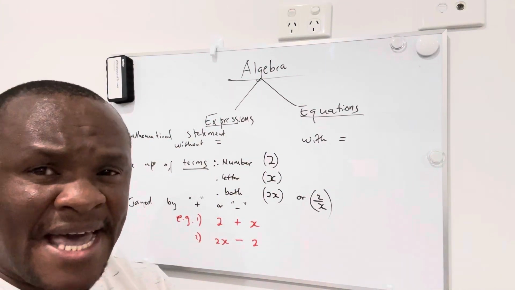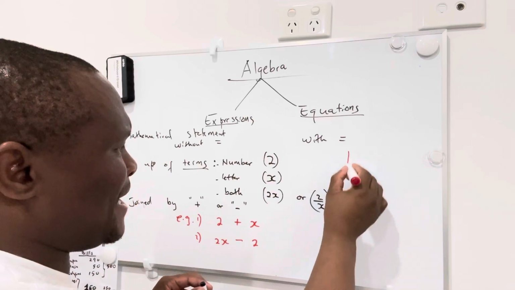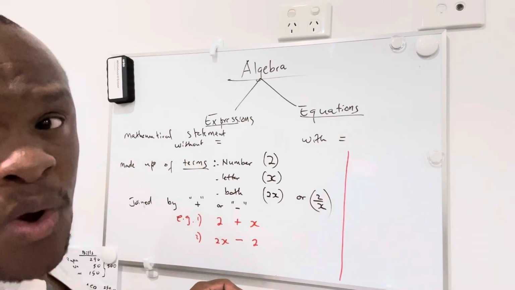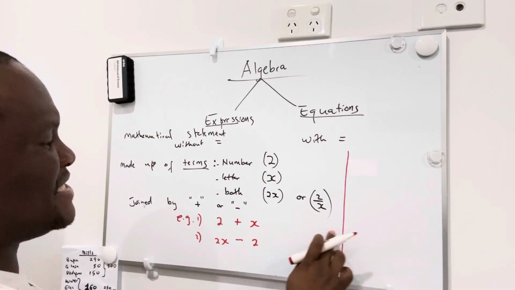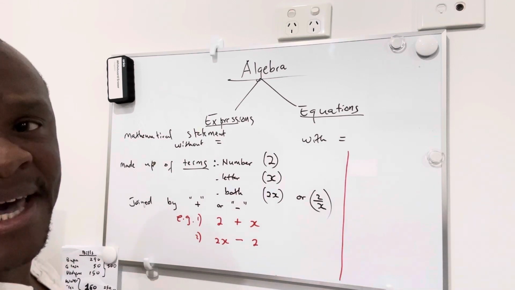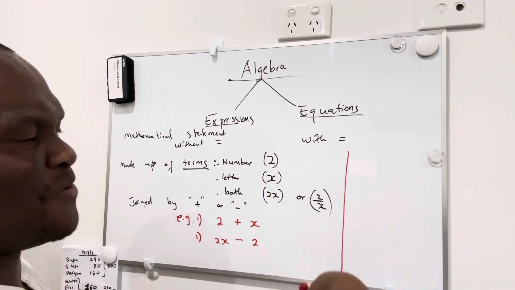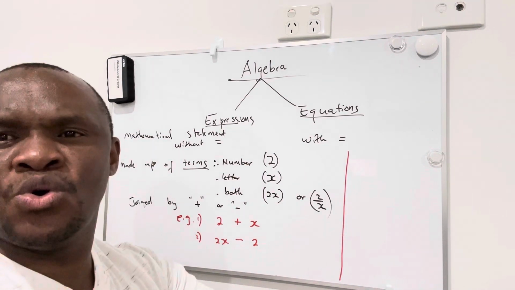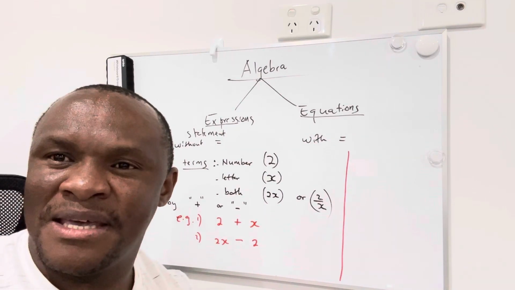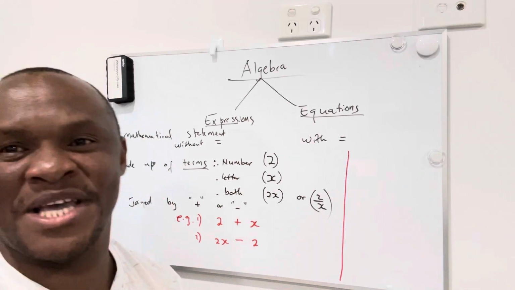Now, you realize that when we come to the equations, they have an equal sign. It means we can say 2 plus x equals something else. It can be equal to 5. It can be equal to 6. It can be equal to 2x, whatever it can be. So that is the equation.